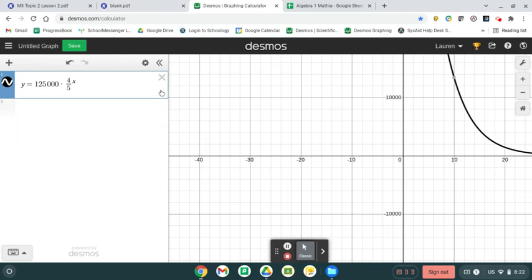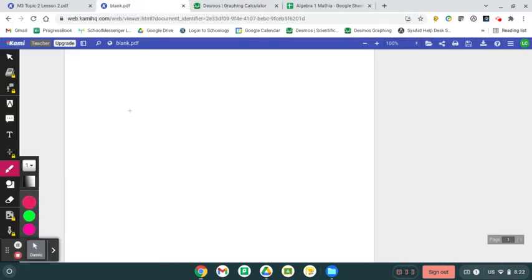Another thing you might see on Mathia is something like this. It's probably going to be easier if I just use my finger. It's also called solving exponential, but you'd have like 2 to the x plus 1 equals 32.